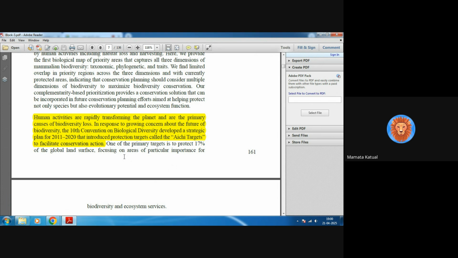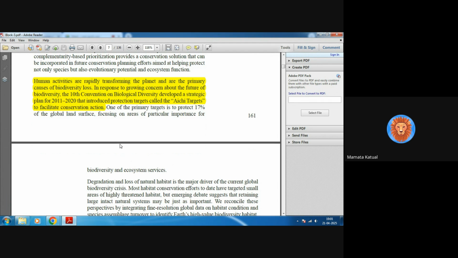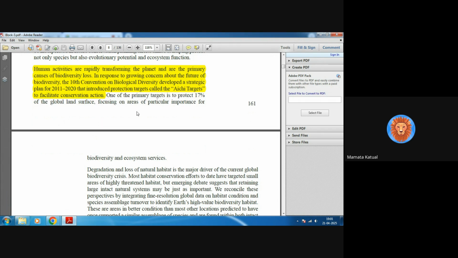It was given a target to protect 17% of the global land. So you have to protect 17% of the land or habitat, focusing on areas of importance for biodiversity and ecosystem services. So for protection of biodiversity, it also focuses on ecosystem services.